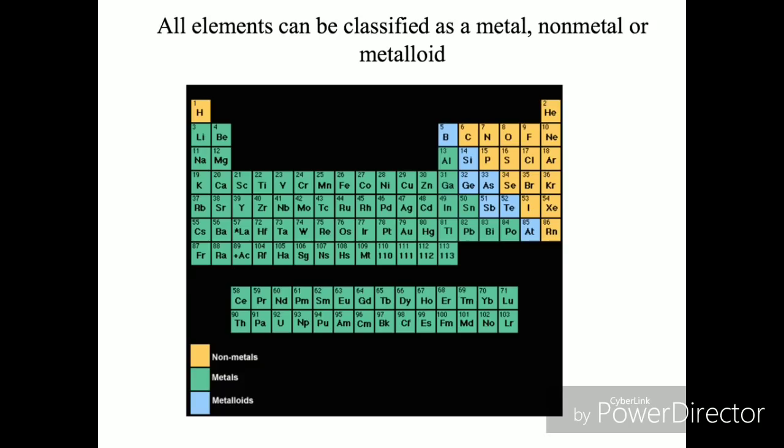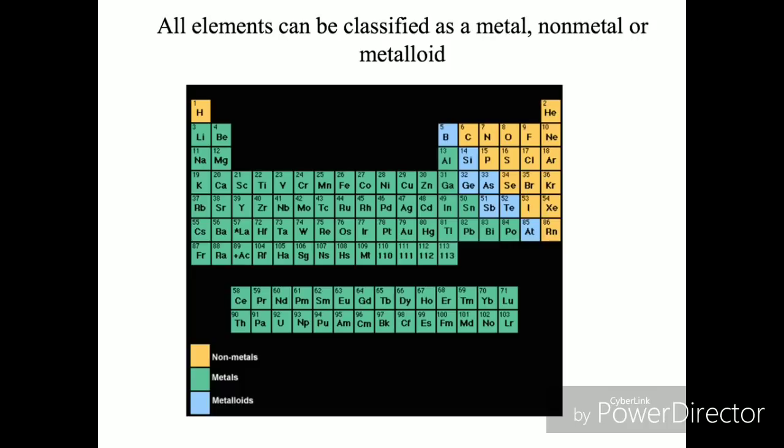Now here we can see a picture of our reference table that is color-coded. And we can see that the way in which elements are arranged on the reference table are so that the metals tend to be here on the left, and the nonmetals tend to be here on the right. And then in the middle we have these things called metalloids.